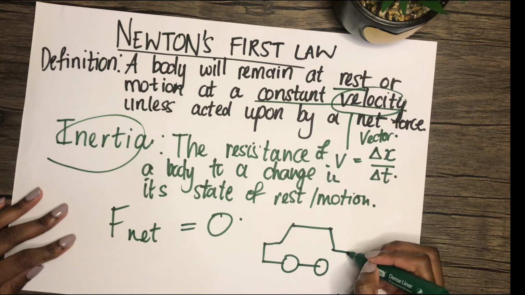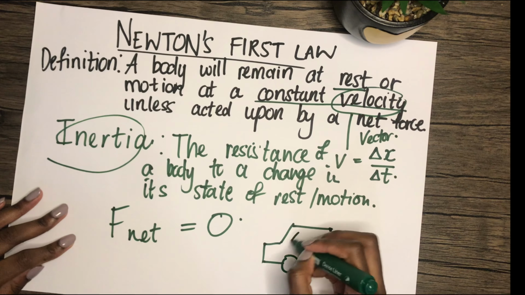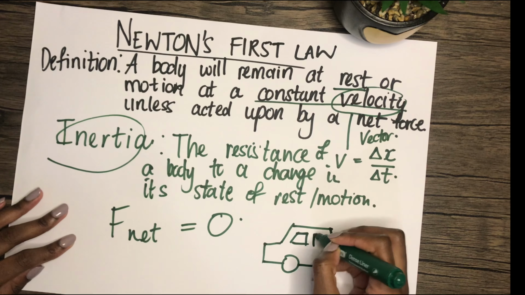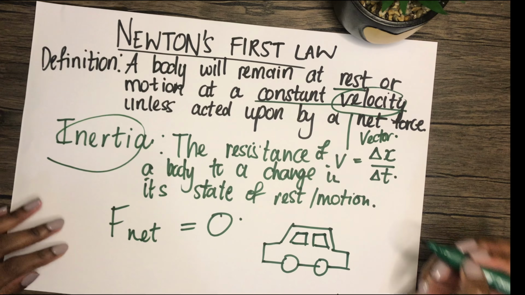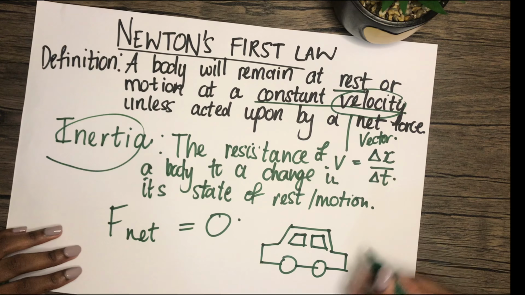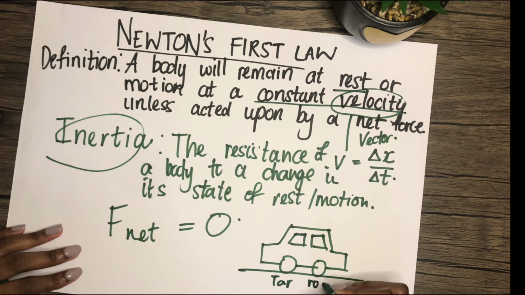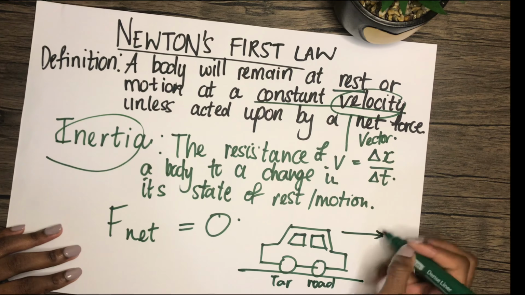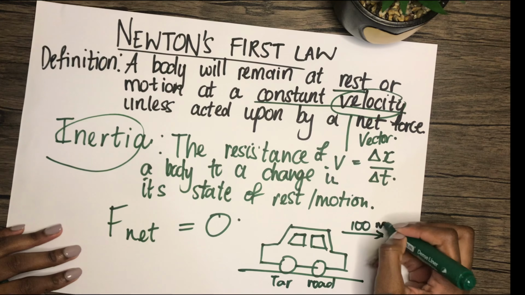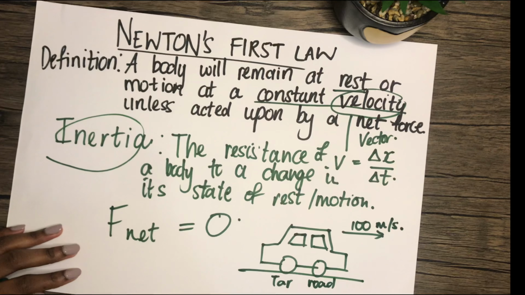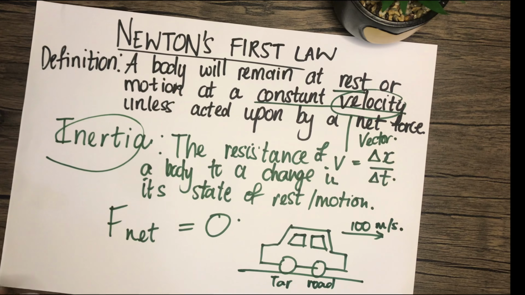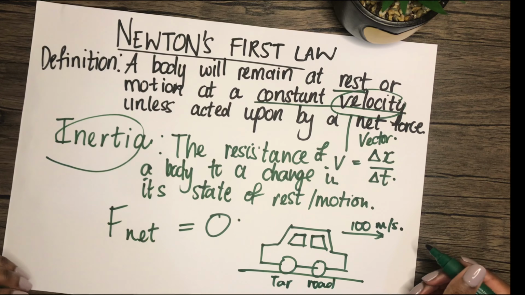If a car is on a tar road, moving at a certain constant velocity, usually for velocity we use meters per second, not kilometers per hour.